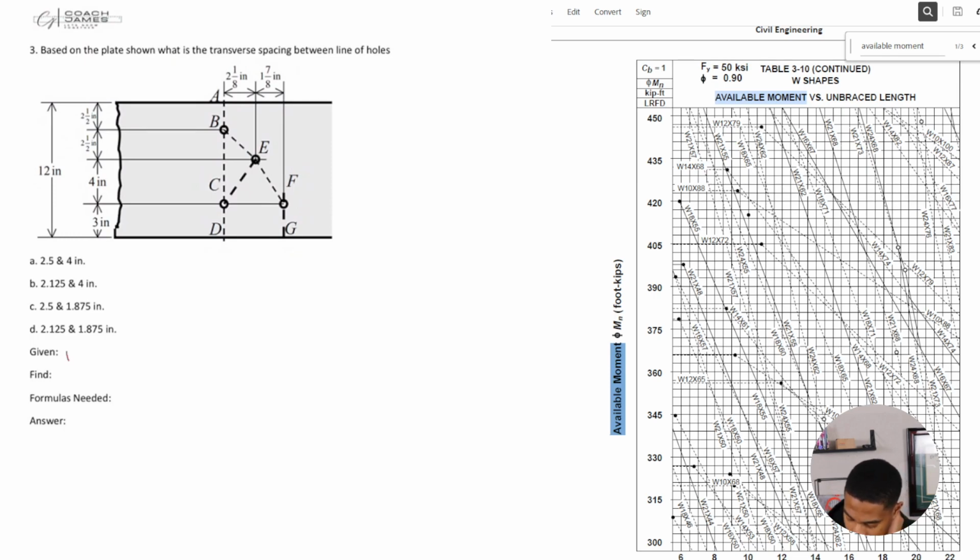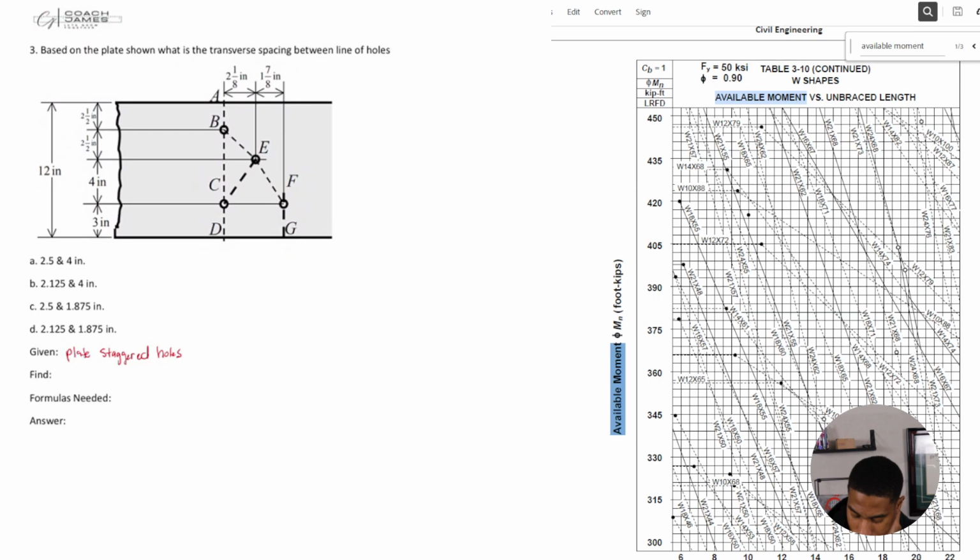Well, we're given a plate with staggered holes. The holes are staggered. They're going one direction, another direction.